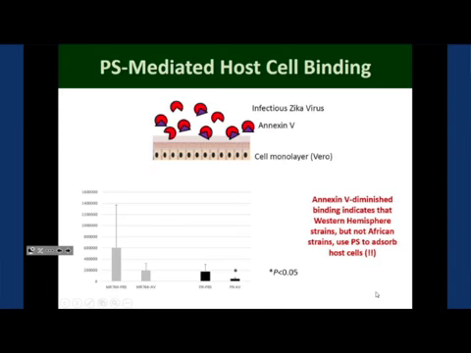When we pre-incubated the Puerto Rican 2015 strain with annexin 5, we had a significant difference in infection. So that tells you Western Hemisphere strains seem to be capable of infecting using phosphatidylserine, and African strains do not.